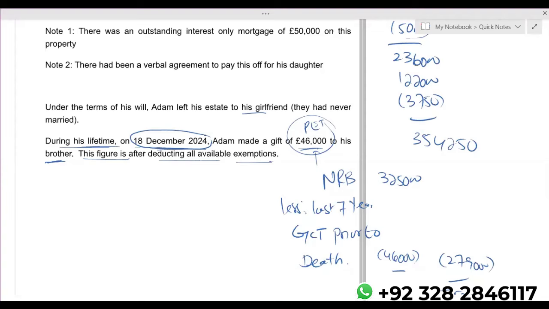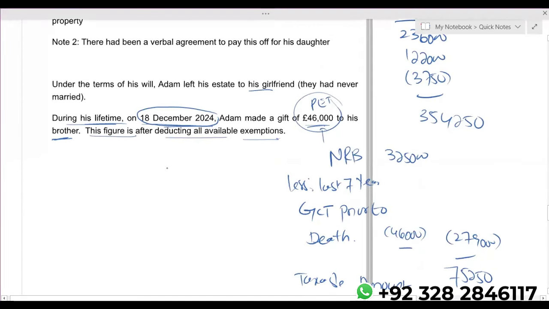If the PET becomes fully exempt, then what happens? Logically, your chargeable estate will remain the same, 3,54,250. Now, the nil rate band is 325 minus the last 7 years gross chargeable transfer prior to death.